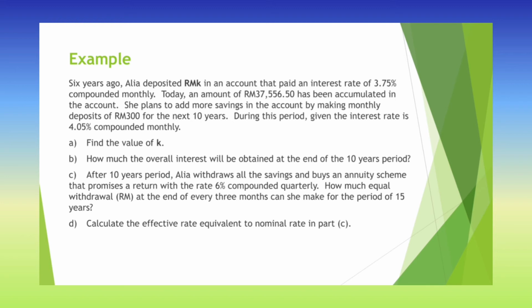Question A, find the value of K. Question B, how much overall interest will be obtained at the end of the 10 years period? Question C, after the 10 years period, Alia withdraws all the savings and buys an annuity scheme that promises a return with the rate 6% compounded quarterly. How much equal withdrawal at the end of every 3 months can she make for the period of 15 years? And question D, calculate the effective rate equivalent to the nominal rate in part C.